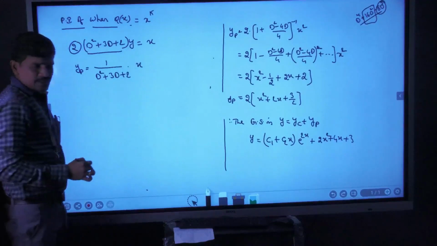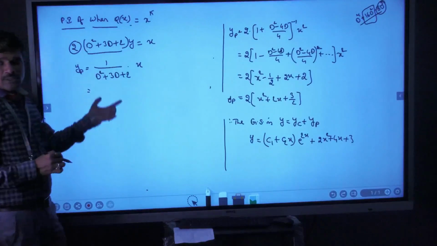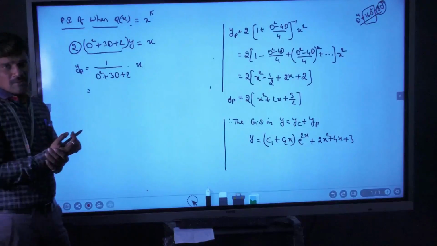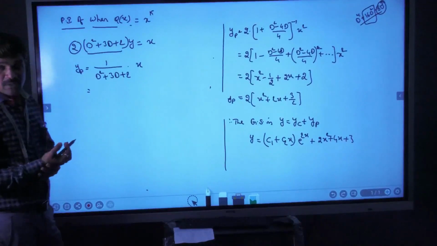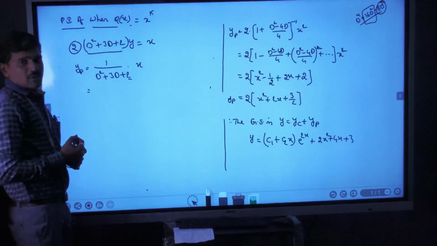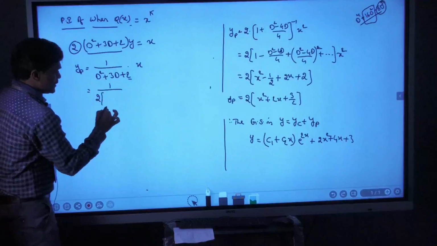Here q is x. Now first, f of d can be written in the form of 1 plus or minus phi of d. To write it in the form 1 plus or minus phi of d, take the constant term common. So here 2 is the constant.